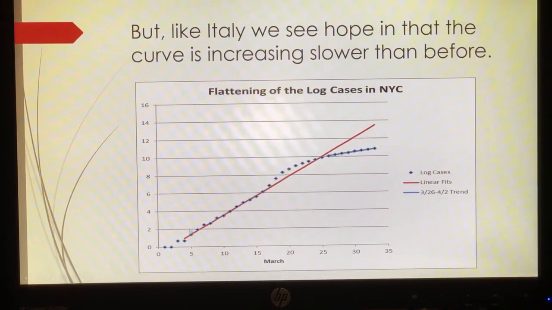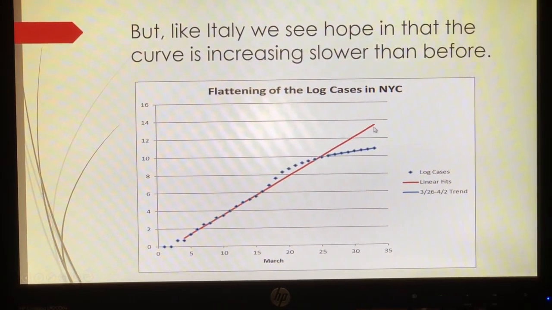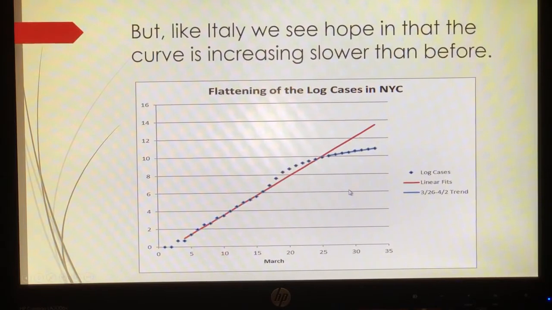And what you can see is that early in the epidemic, the data fit really nicely on this red line. So if you look at the data from about March 4th up until March 16th or so, the data on a log scale was very linear. And if we continue that trend, we would have followed this red line, which you see sort of moving up through this graph.